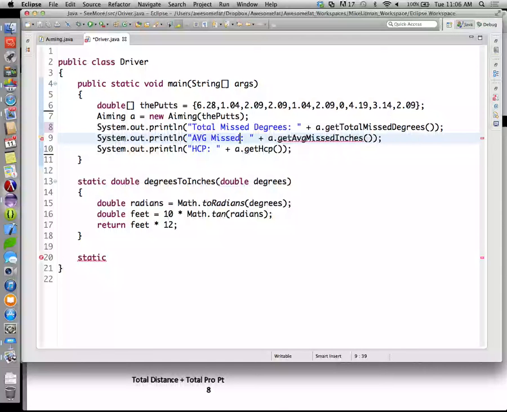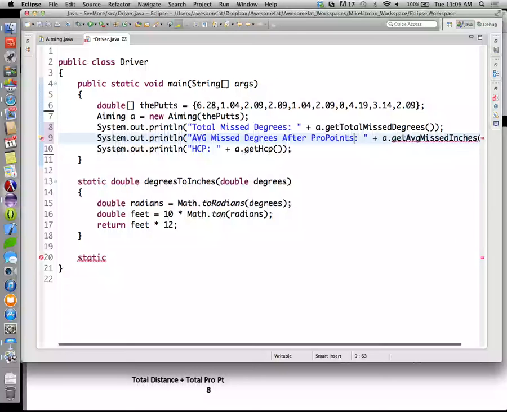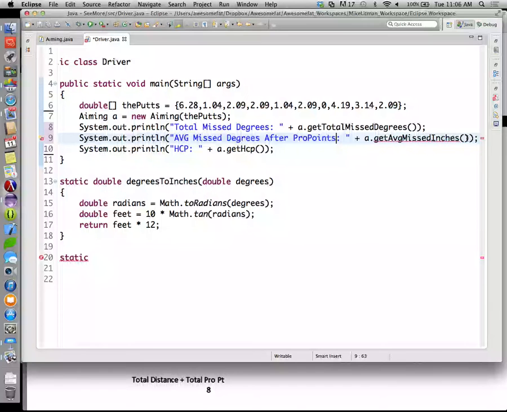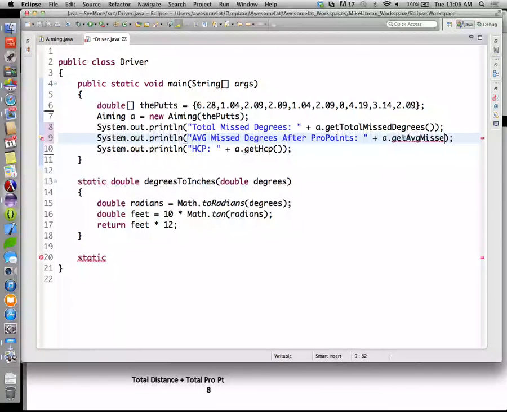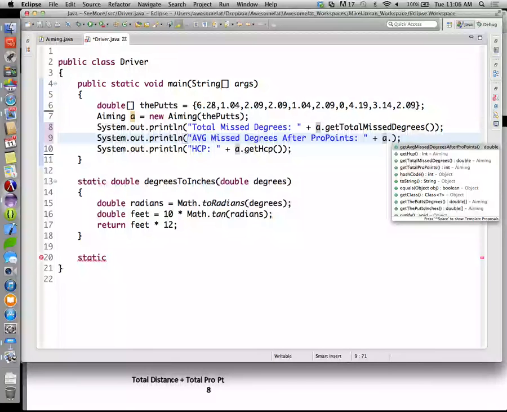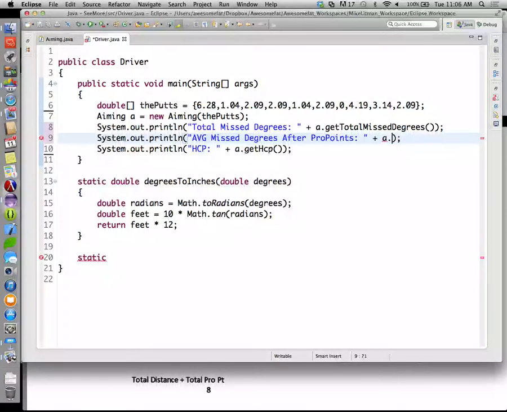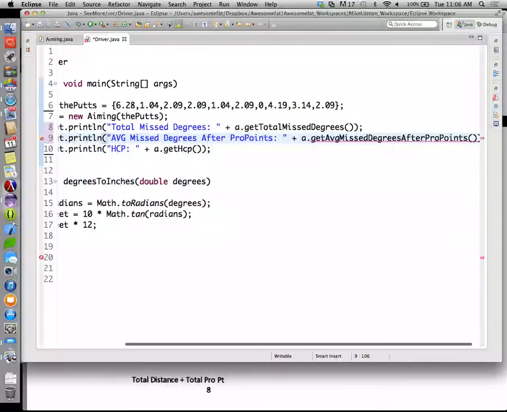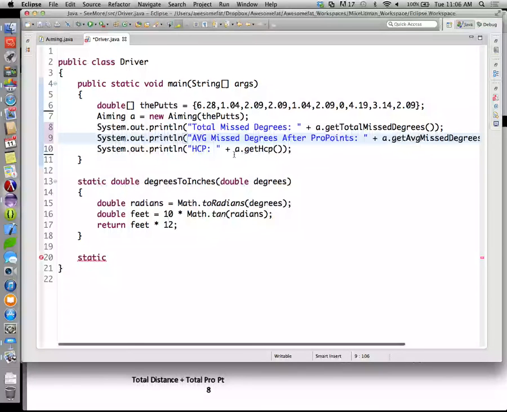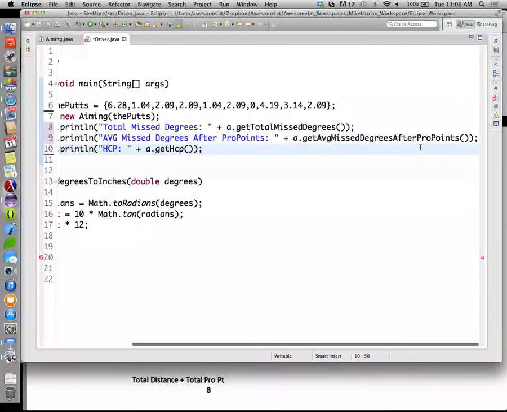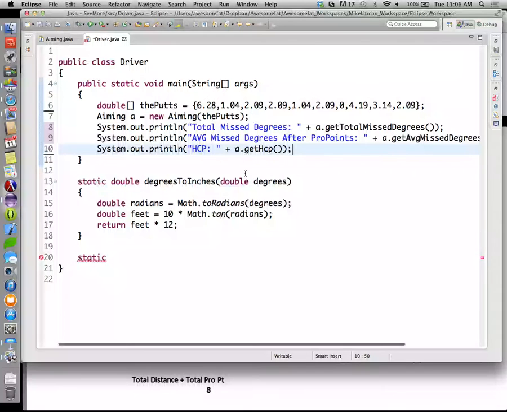Average missed degrees after pro points would be a.getAveraged, and then we'll get our handicap. So this should give us 11.5. This should give us the 0.8. And then this should give us the 4.